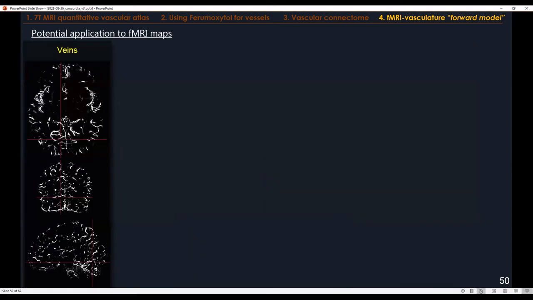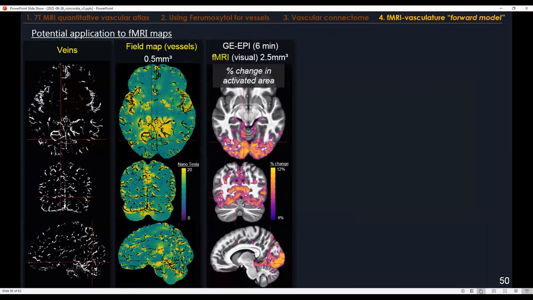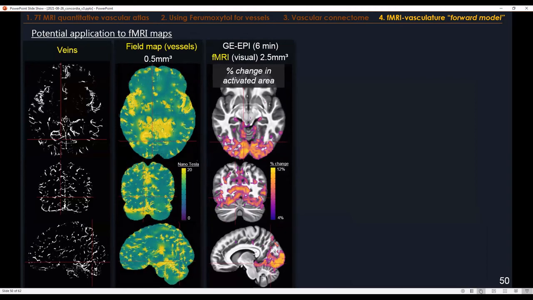So here is an example of a potential fMRI application. If you have the veins here, you can obtain the field map that we estimated using the previous method. And then you get an fMRI activation map coming from a visual task-based fMRI. So here you can see the percentage of activated area from this visual task, for example.